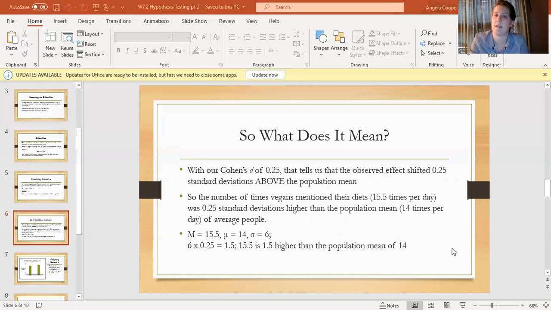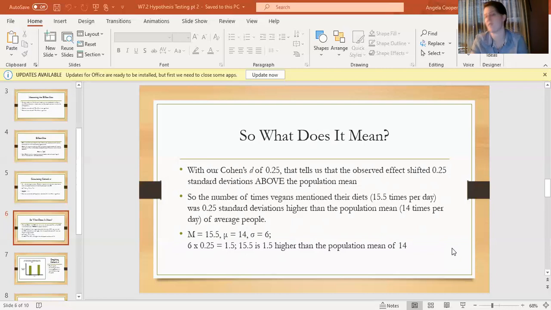So our Cohen's d was 0.25. That told us that the observed effect shifted 0.25 standard deviations above the population mean. So we had our sample mean of vegans at 15.5, and that is a quarter of a standard deviation higher than the population mean. So we take our standard deviation of 6.